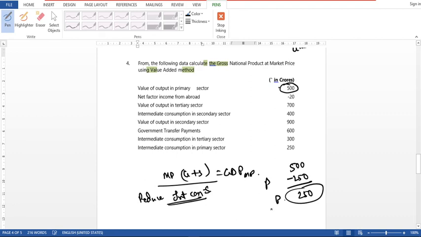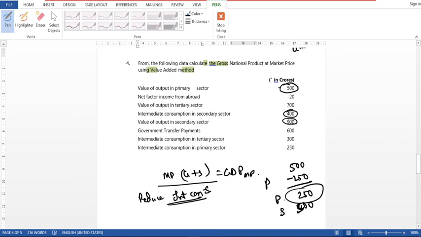In a similar way, for the secondary sector, 900 minus 400 will be 500.